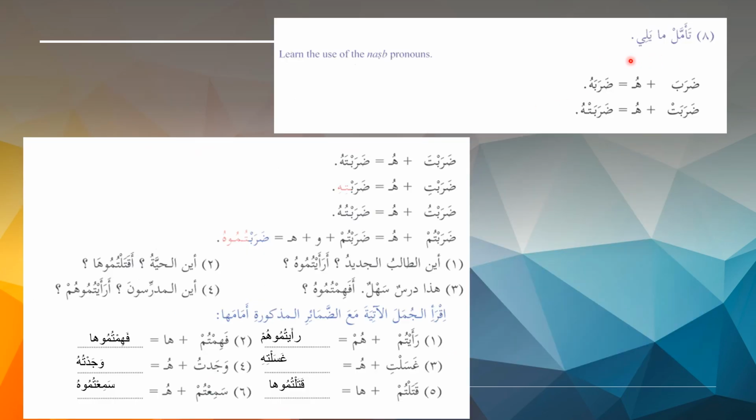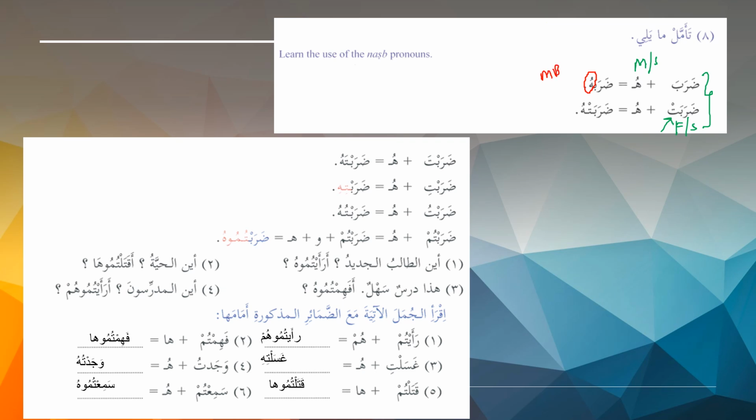Question number 8. Here you will learn about attaching the pronouns with the past tense damir. First of all, there is a bit of difference in the damirs of ghaib. Here these are from the ghaib group. This is for the male singular, and here it is for the feminine singular. As you can see, the ta tanis for the feminine singular, and attaching the damir in the place of maf'ulun bihi.